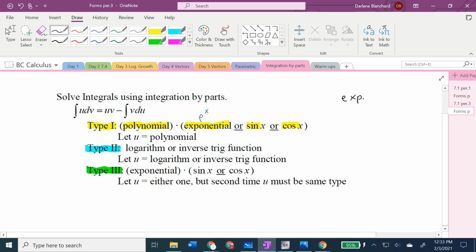What is the inverse of an exponential function? And you're probably about to type it, a logarithm. Then we have trig. Trig is transcendental. And we don't have a fancy name. We just say inverse trig.